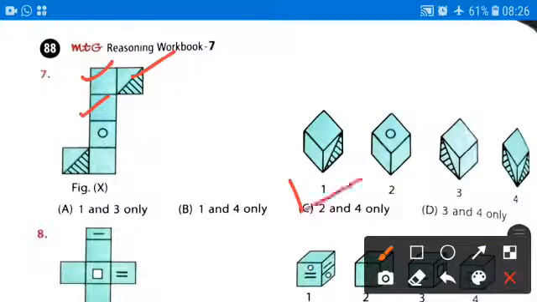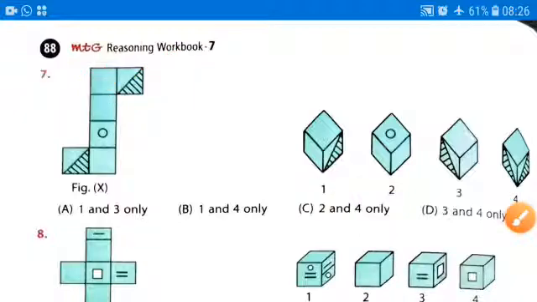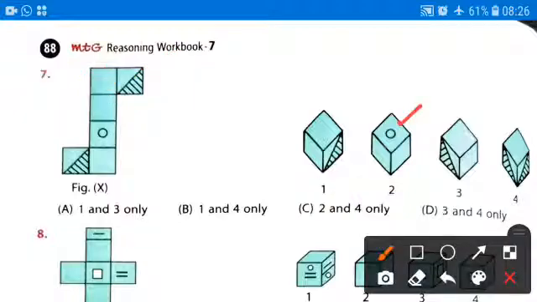So this figure 1 can be possible, because when we fold it, these faces can be adjacent. Now see, this circle and this circle and this blank part are opposite, but here it is showing them in the adjacent position, so the second cannot be followed.